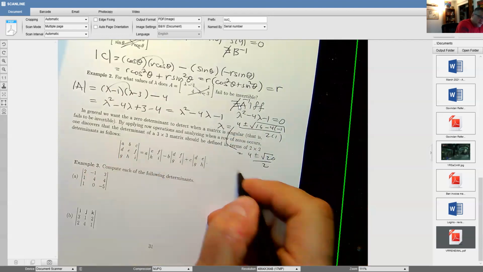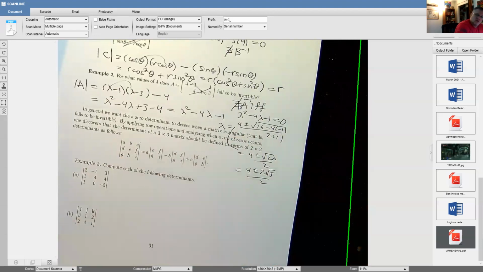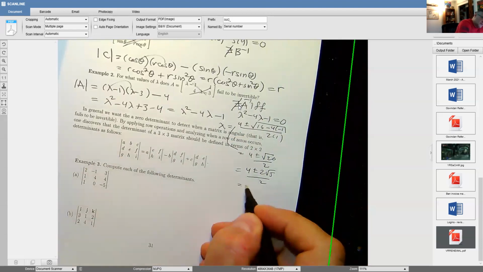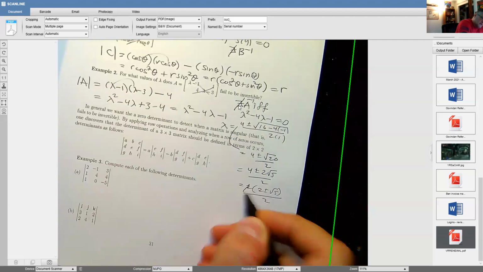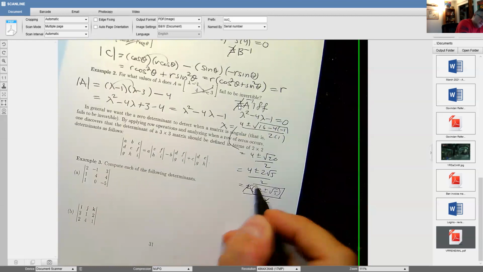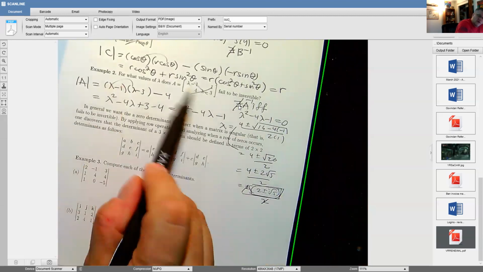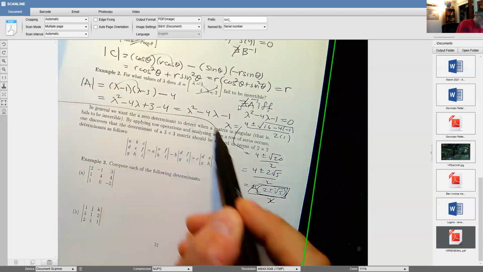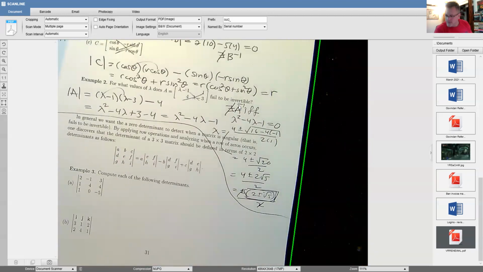And then I can kill a 2, right? This is 4 plus or minus 2 root 5 over 2. Then factor a 2 out of the top and get rid of those. All right, so for these values of lambda, if I were to plug them into that original matrix, the resulting matrix would have a 0 determinant and hence would not be invertible.